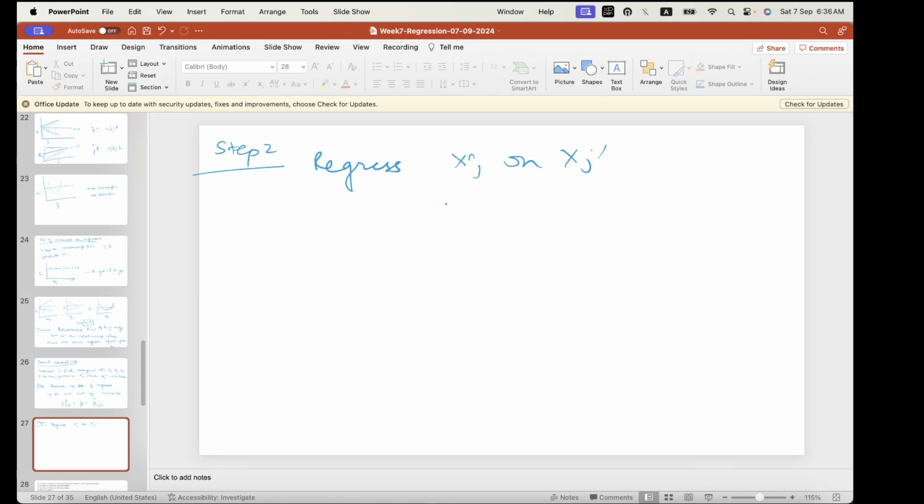Okay, and the residual from this model will be eij x, which will be xij minus xij hat.